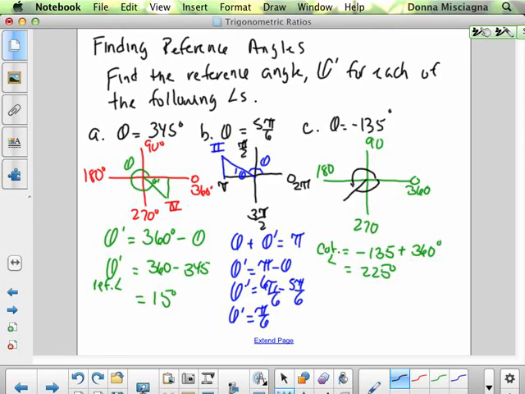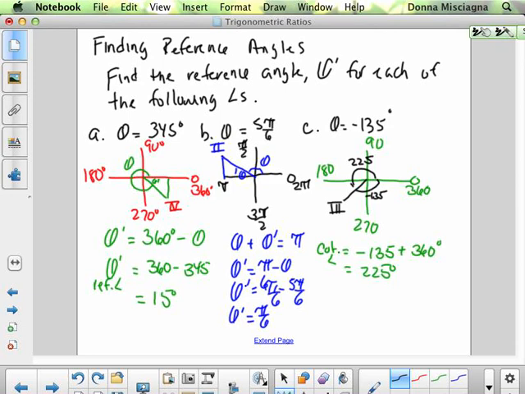They both start at the positive x-axis, as all angles do, and they both end in the third quadrant, but one goes clockwise and one goes counterclockwise. So the clockwise one is the negative 135, the counterclockwise is the positive 225, and that's what we'll use to calculate out our reference angle.